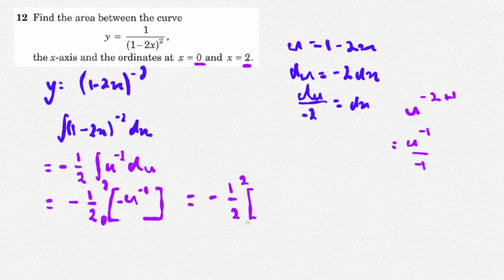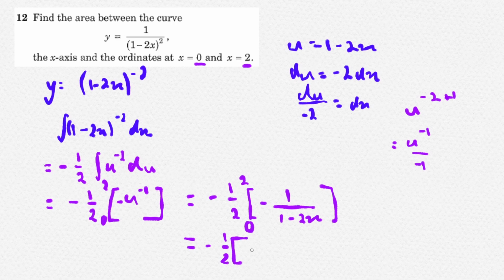This would be equal to minus half with limits 2 and 0. So inside of the brackets, we would write minus 1 over 1 minus 2x, close the bracket. Now, let's substitute the values of 2 and 0 into this.